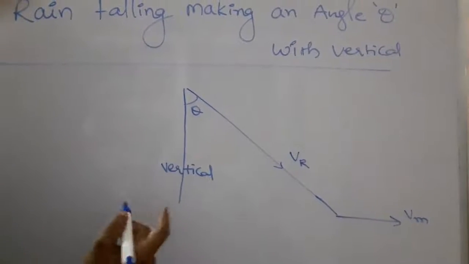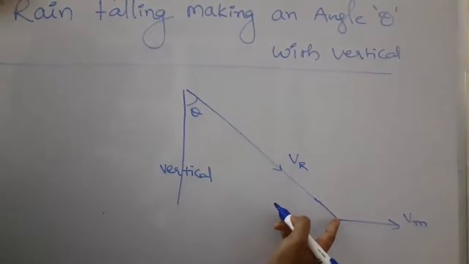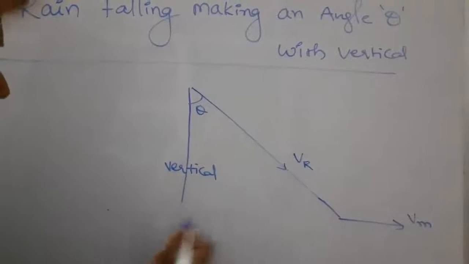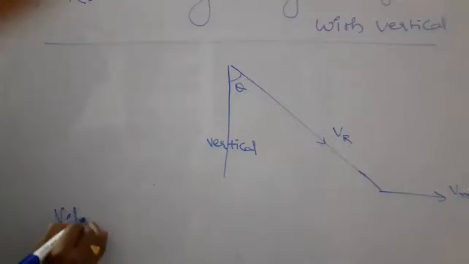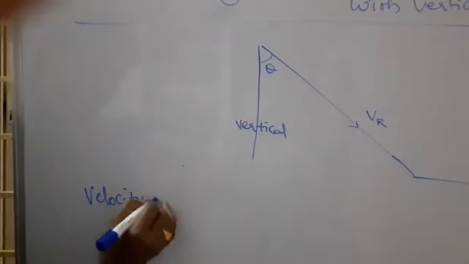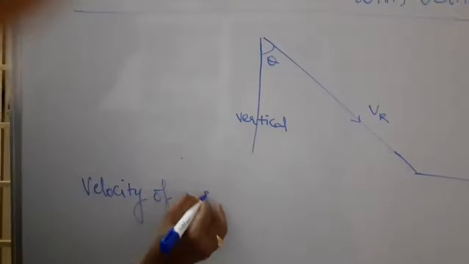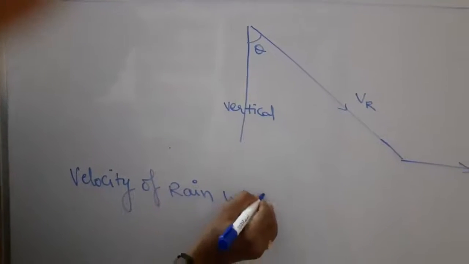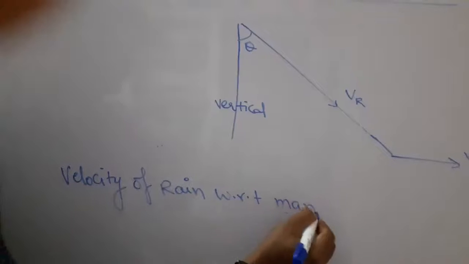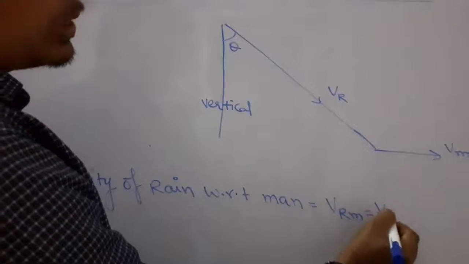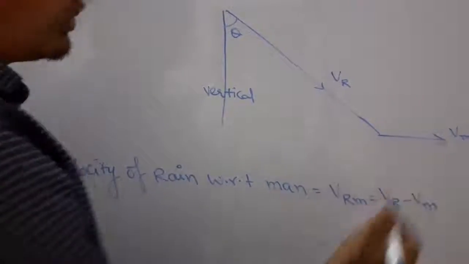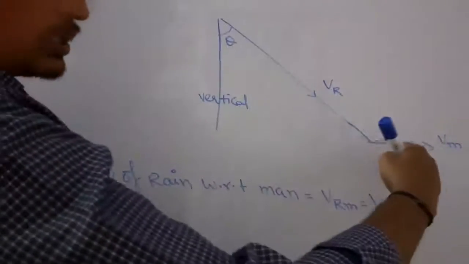Okay, now what is the velocity of the rain with respect to man? The velocity of rain with respect to man is Vrm. Vrm is equal to Vr minus Vm. This is Vr.